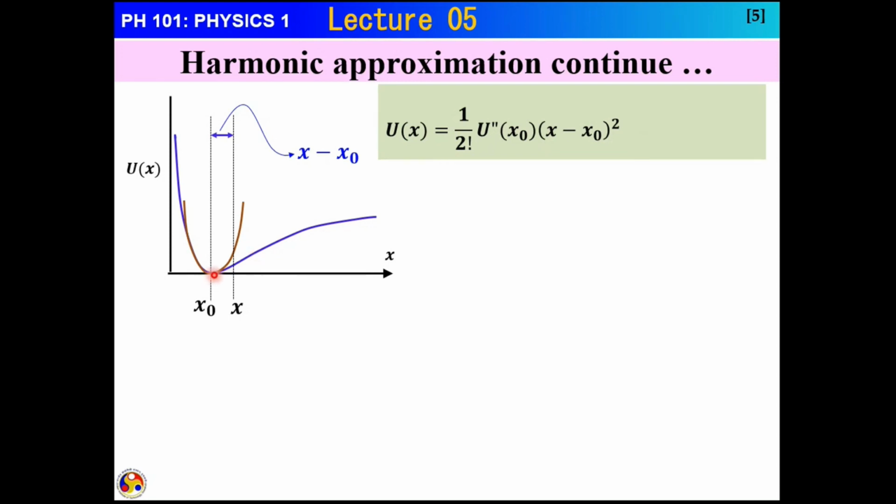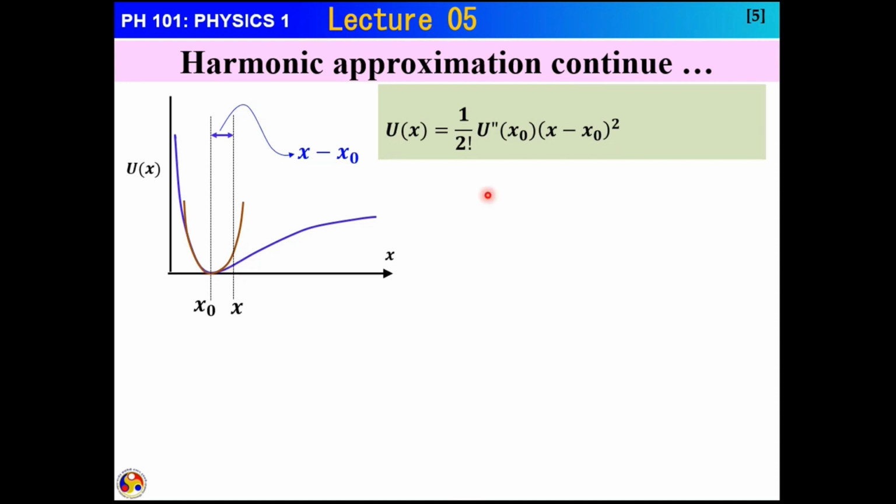If I am moving only this much, you can see that this harmonic potential is overlapping with the blue curve. If I move a very small distance from x naught, pictorially also it is overlapping, and you can approximate it as a parabola.